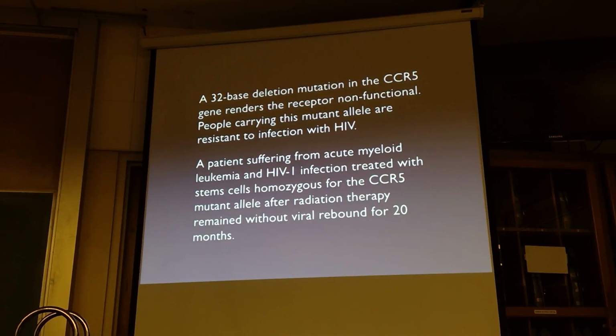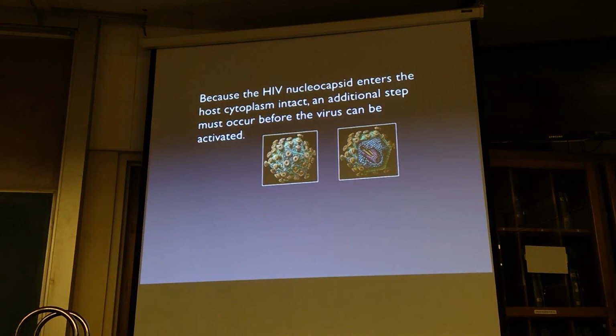Consequently, after a period of time, the viruses couldn't get into the CD4 cells anymore. They couldn't get into the T lymphocytes, and the person went into remission for HIV. They were without viral load for 20 months. Unfortunately, what killed them was the leukemia. So they were essentially cured of HIV infection or AIDS.